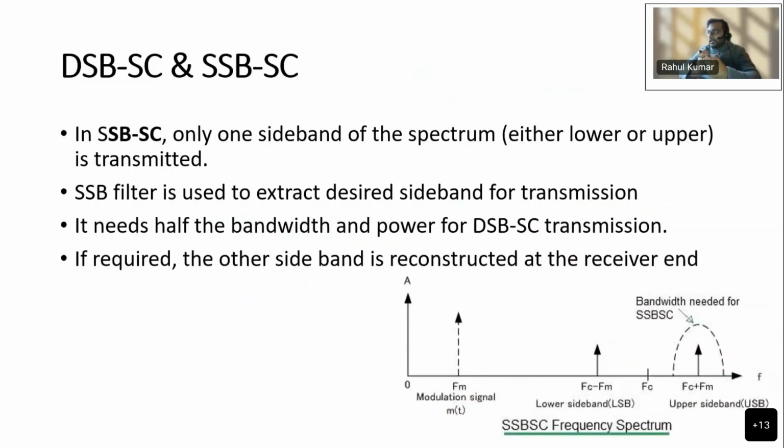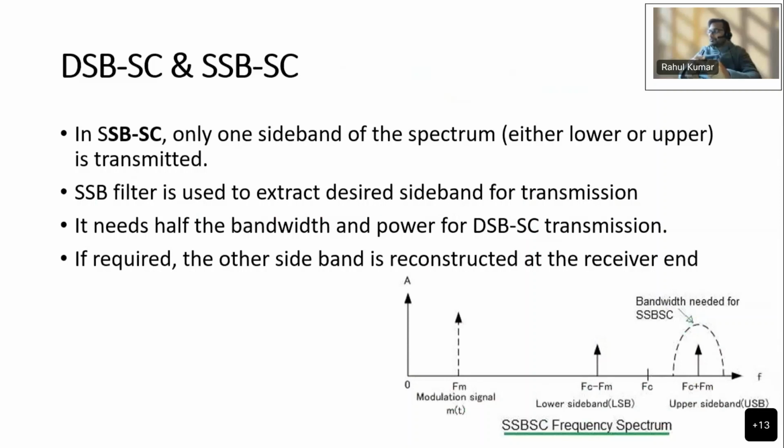Now, in the case of single sideband suppressed carrier, that is your SSB-SC, only one sideband of the spectrum is transmitted. That is, you transmit either the lower or the upper sideband, but only one sideband is transmitted.